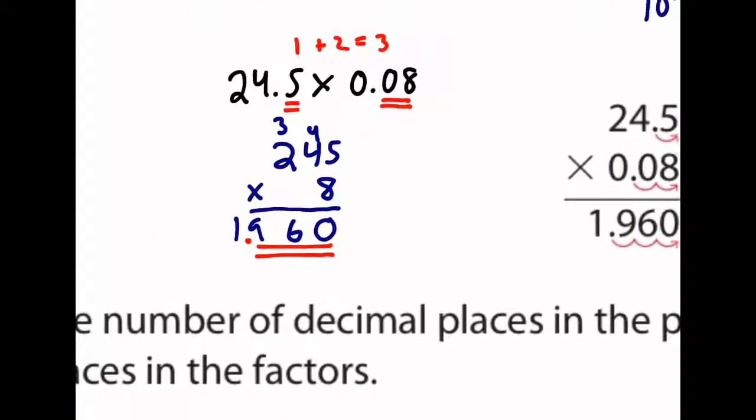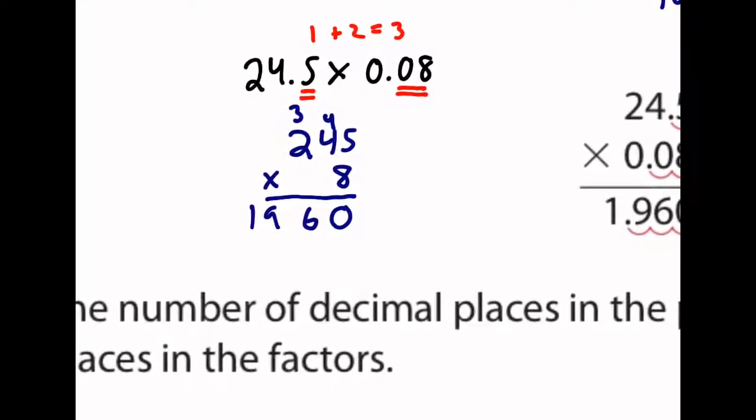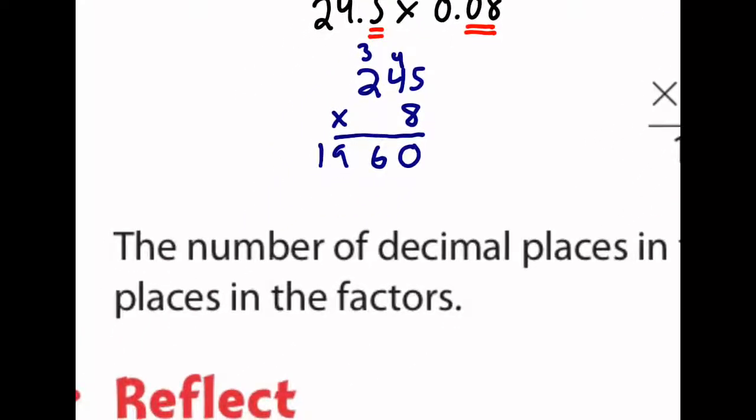So let's say you go back and you get your digits, 1960. Remember when I estimated and I had $2.50? Think about how your answer has to be close to $2.50. It's only going to make sense to put your decimal point in one spot. If you put it there, is $196 close to $2.50?